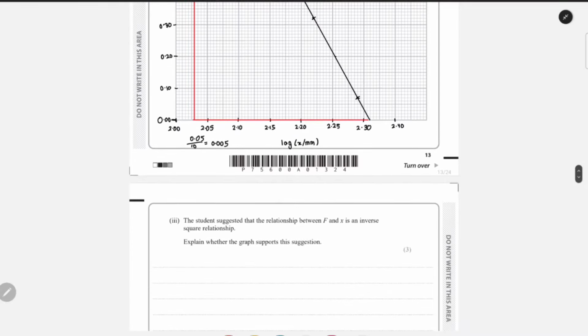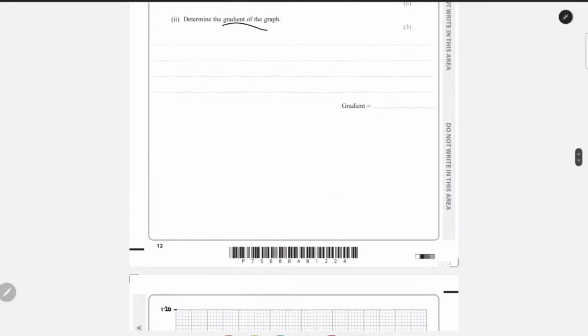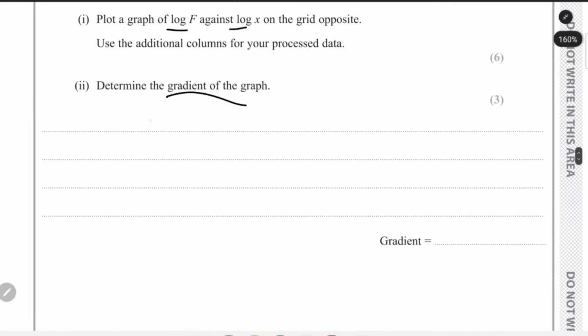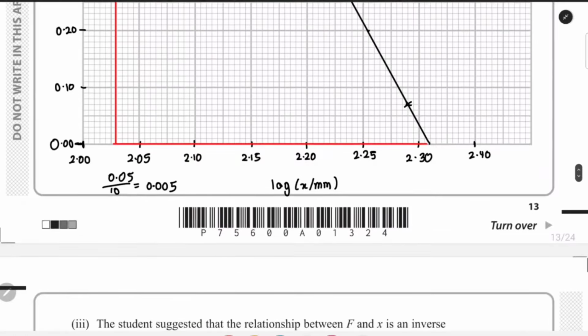So we can use that triangle over here. The gradient from that triangle would be the difference in y value, so 1 minus 0. This value is 2.31, 0.